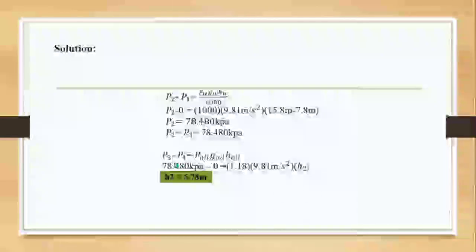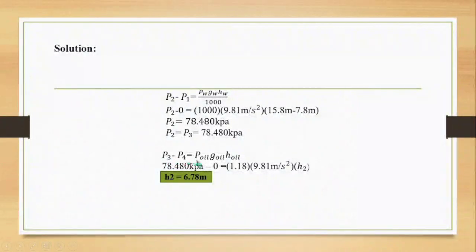So diri p3 minus p4 equals to rho oil g h oil. So ang ato answer para sa p3, input nato katong 78.480 kPa minus sa 0 tas equals tas kaning ato given na 1.18 times nato sa 9.81 kaning meter per second squared, constant na ni, tas ang ato man pangitahon katong h2, put nato, tas calculate nato.